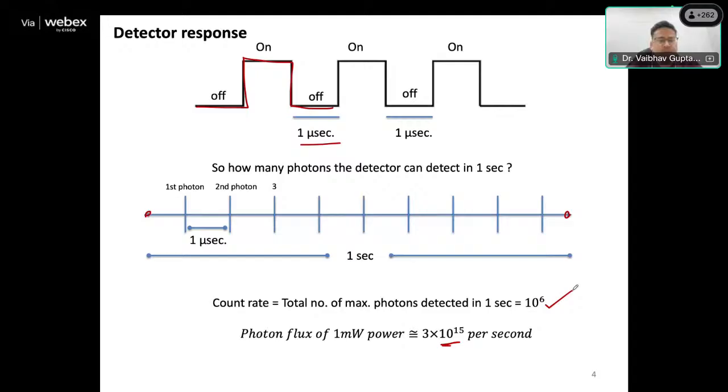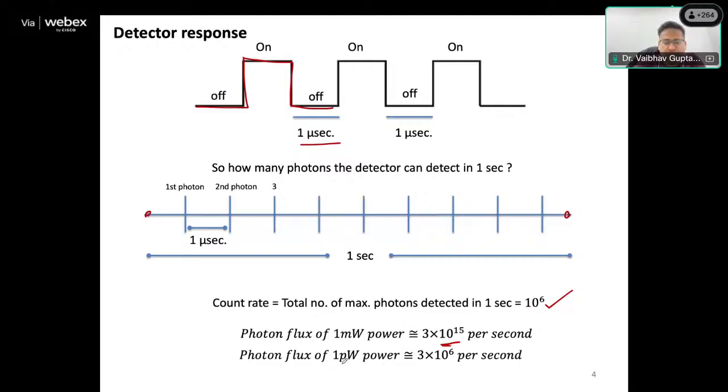Now, what should we do so that we can somehow detect more number of photons, or somehow go into the regime of a single photon? Just by intuition, something should come up in the mind, what could be the solution for this very basic problem. For 1 milliwatt of power, if these many number of photons are coming, what happens if I reduce the power?